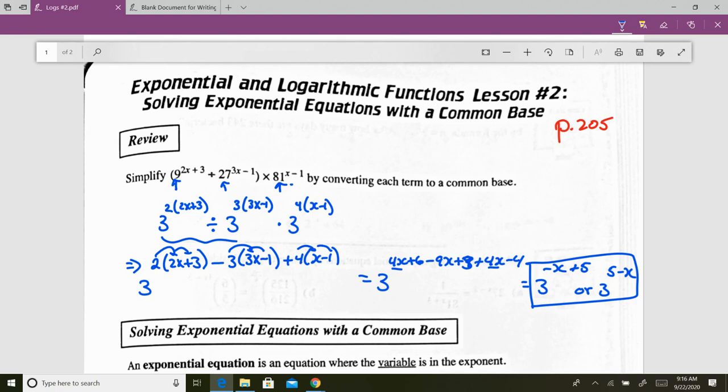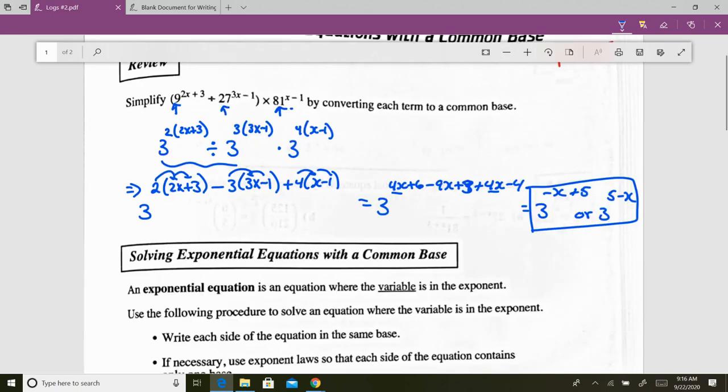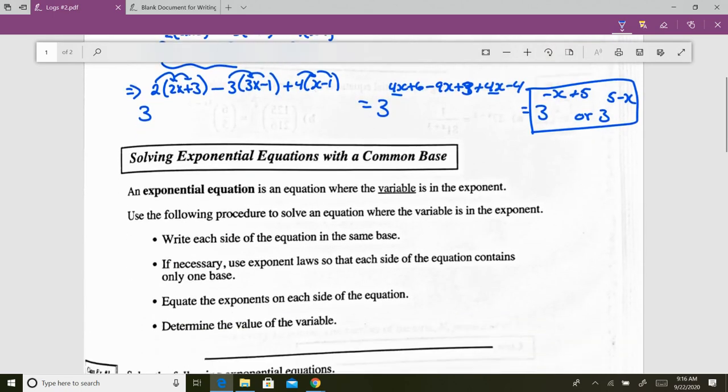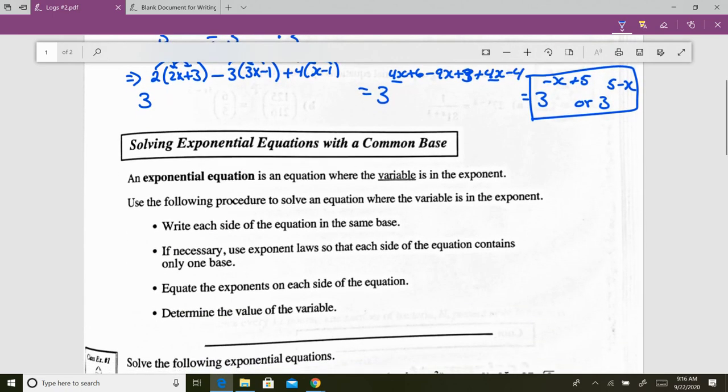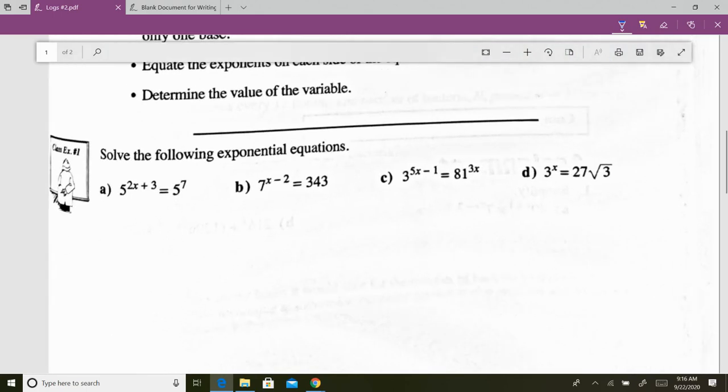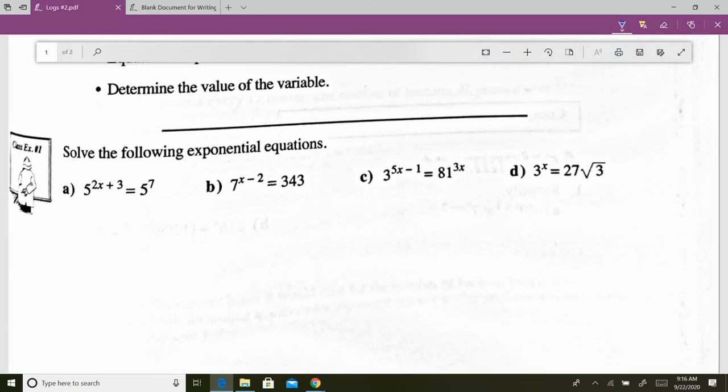Is that okay? All right, that's what we did yesterday, but we made it slightly more complex, with the same ideas. Now we're going to start solving questions.